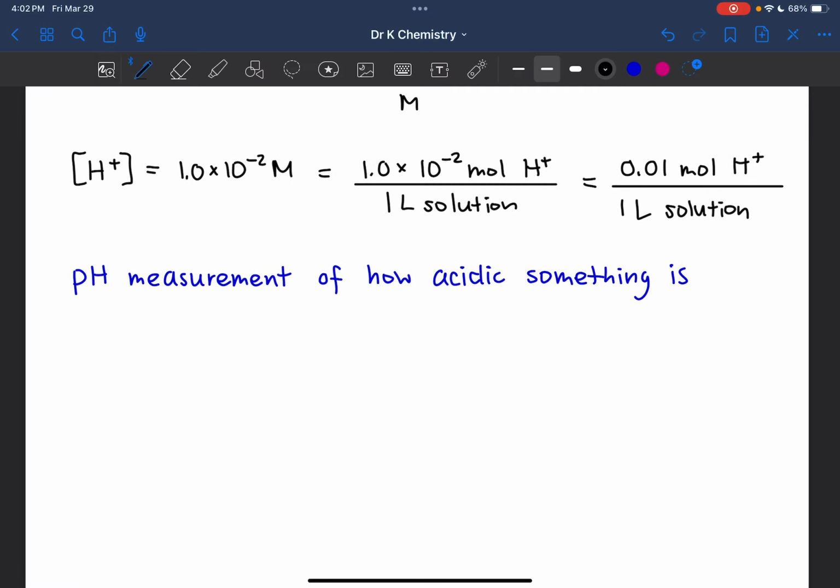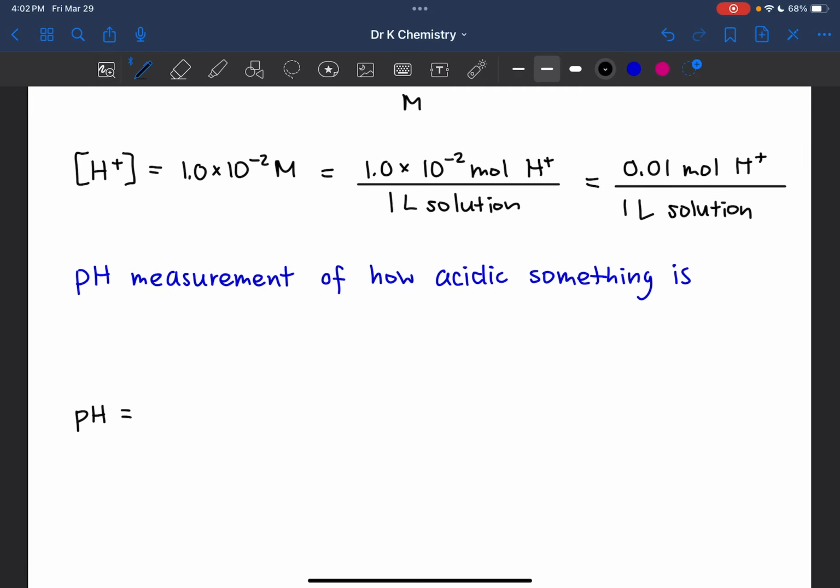So for example, if your pH is equal to 7, then the solution is neutral. And if the solution is neutral, it means you have the same amount of acid and the same amount of base in solution. And the hydrogen ion concentration that would correspond to that value would be 1 times 10 to the negative 7 molar.